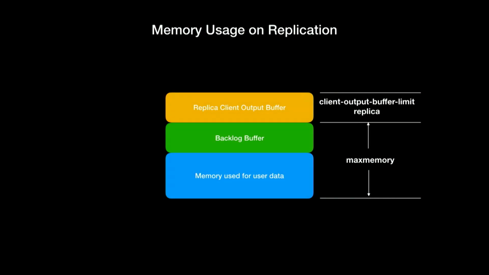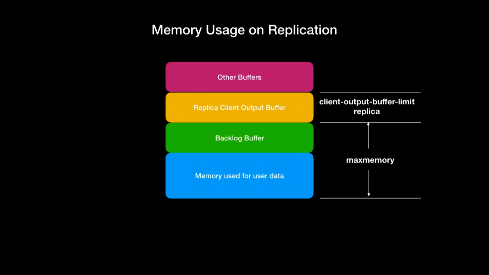Okay, that is in addition. All right, and then is the replica client output buffer the only buffer that Redis uses? No, actually it uses such buffers for every client. So there are other clients, and there are other buffers. So your actual memory usage of the whole process is like a total of this.